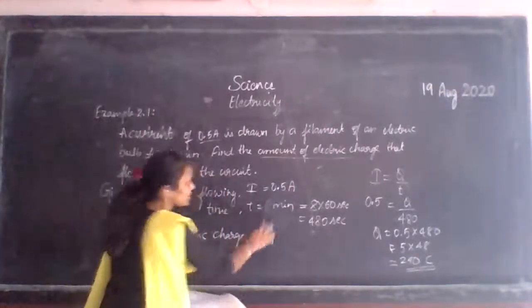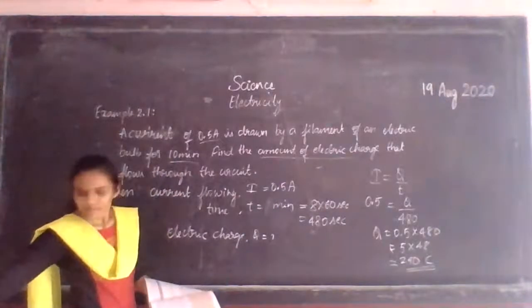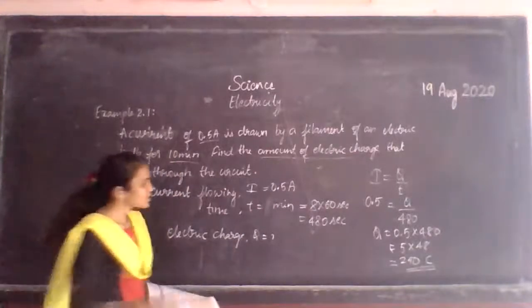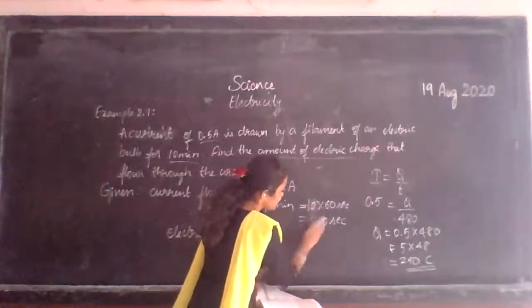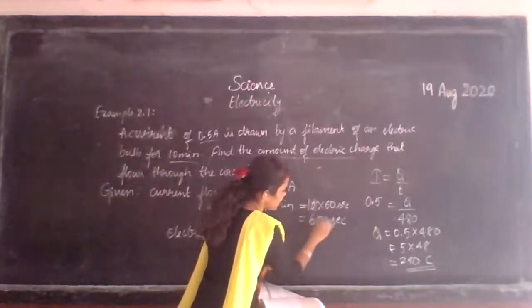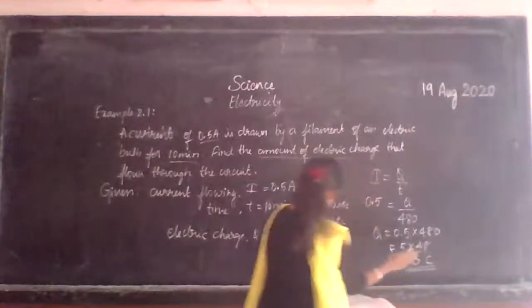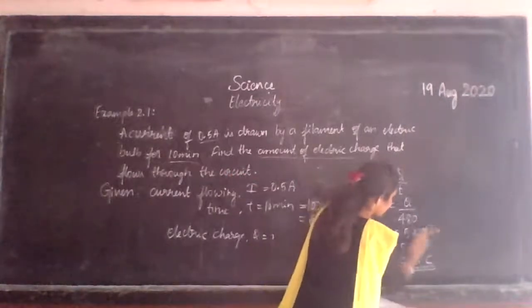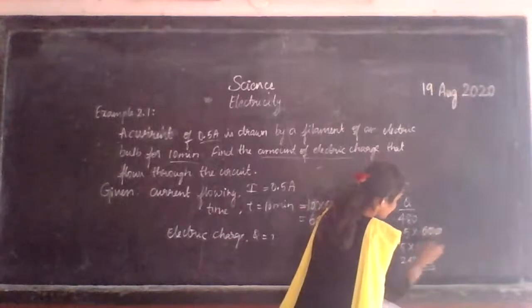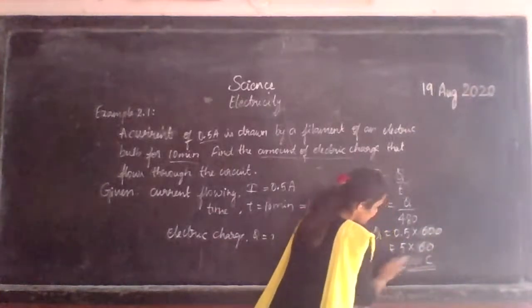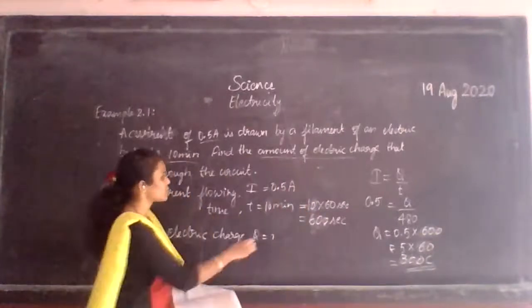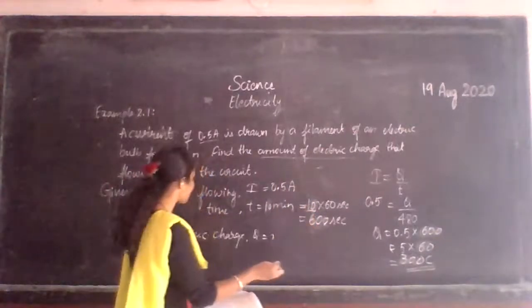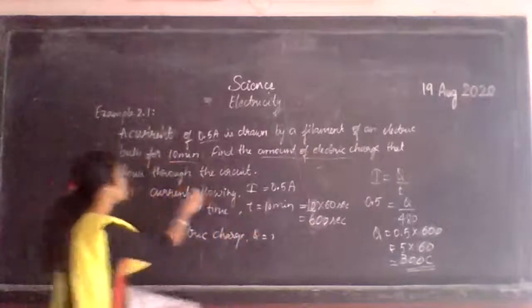This is 10 minutes, so 10 into 60 is 600 seconds. I'm sorry, I wrote this question wrong; it is 10 minutes here.